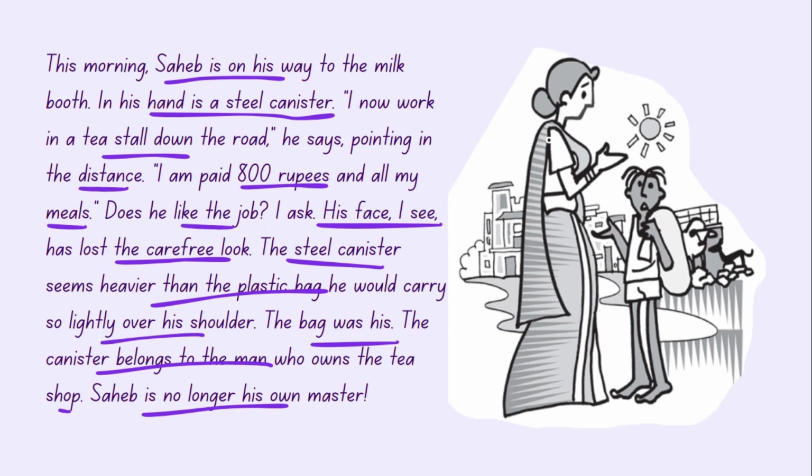With this, we finish the first part of this chapter. Now we will move to the second part of this chapter, which is the story of Mukesh, the bangle maker, the child who belongs to a bangle making family, and what poverty has done to their family is what we are going to look at in the next part of the story.